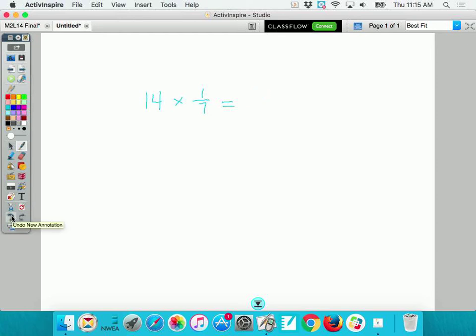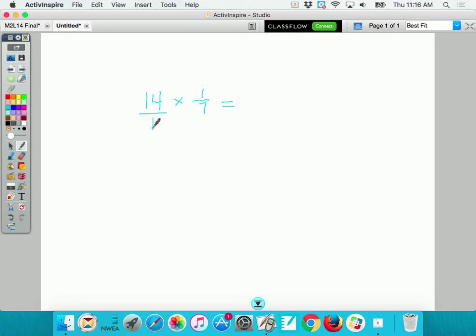So here's the rule for dividing whole numbers and fractions. You can turn any whole number into a fraction. All you have to do is write 14 divided by 1, because what's the answer to 14 divided by 1? 14, okay? So it doesn't change the value of it. Are you watching?